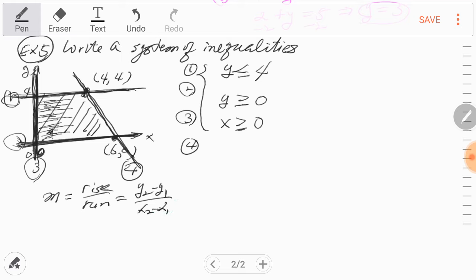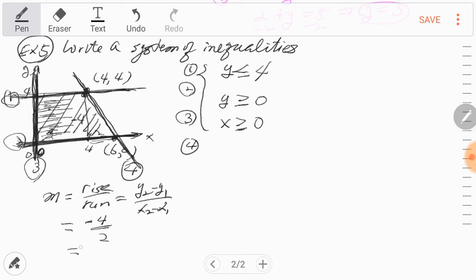Let's start from this point. Going down 4 units and 2 units to the right. So rise over run: the rise is negative 4, because we are going down, and the run is positive 2, because we go to the right.